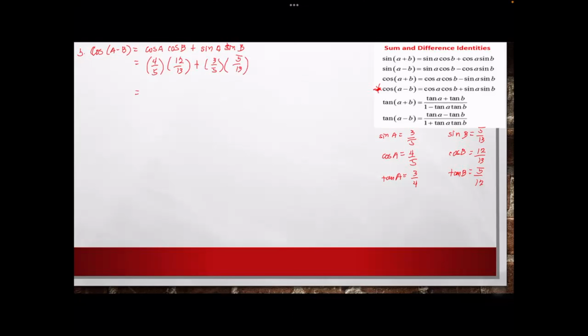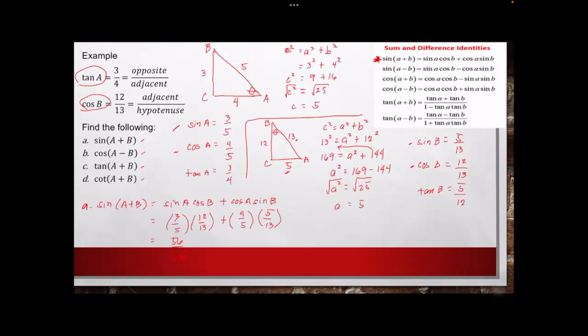Compute. Over 65. Okay, so this will be 63 over 65 as the answer. Okay, that's the next answer.